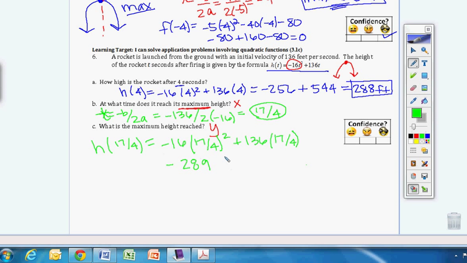Then 136 times 17/4 gives +578, which will leave me with a positive 289 feet. So that is how I will maximize.